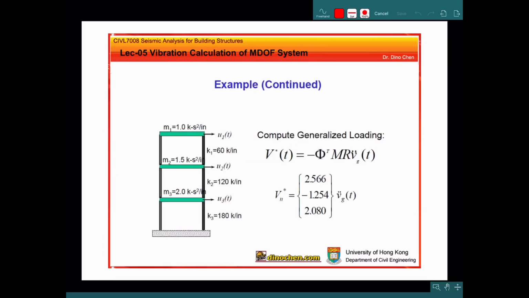Okay, second step, we need to compute the generalized external loading, or we call it P or V. Because we use the ground motion, after we apply the ground motion to this structure, it means the foundation will have the ground motion movement, and then we capture the external load for each node.